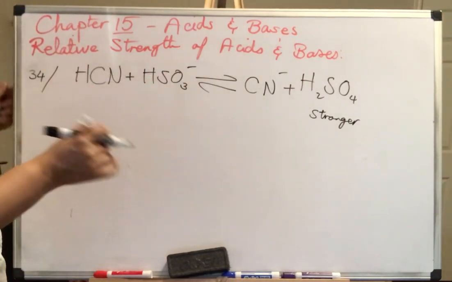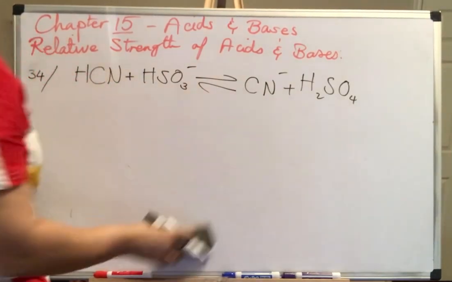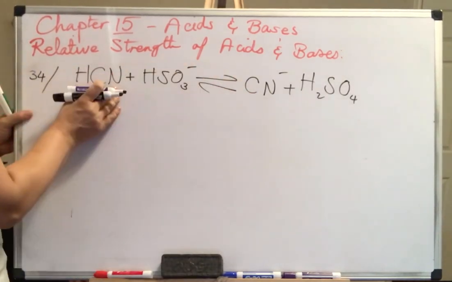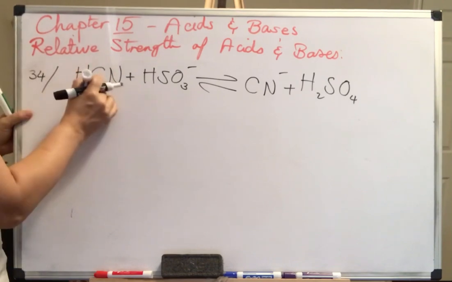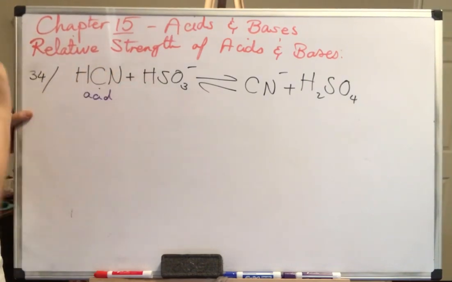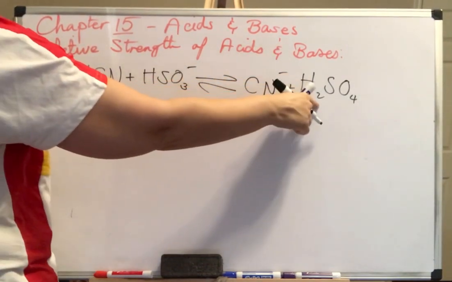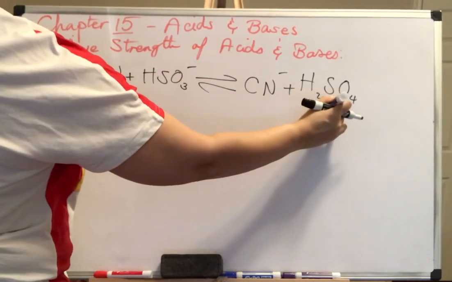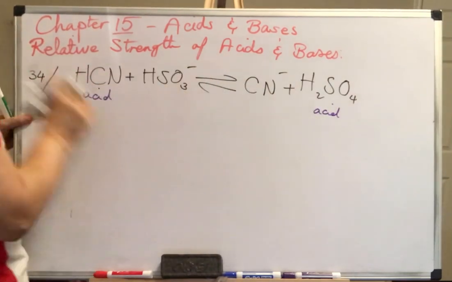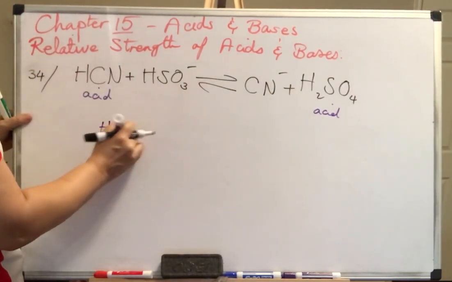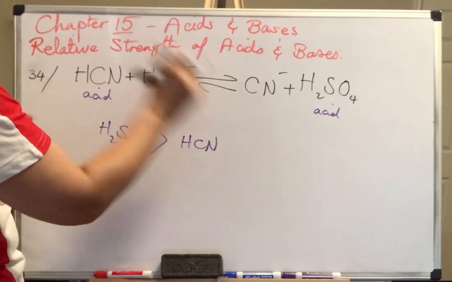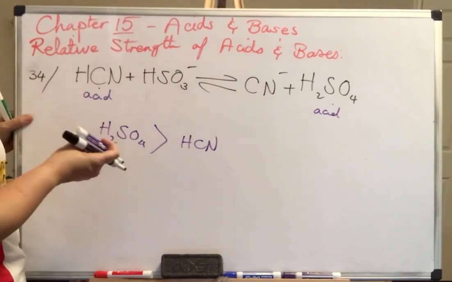Let's determine the acids first. I should have told you that. HCN and H2SO3 have donated protons, so those are the acids. Which one is stronger? H2SO3 is stronger than HCN according to the table that you have for acidic strength.